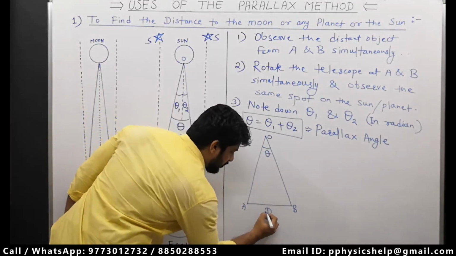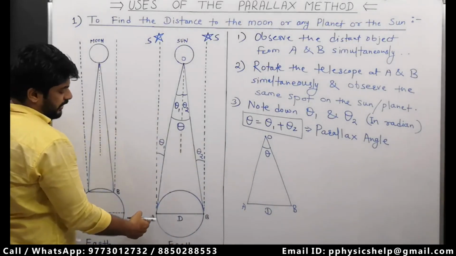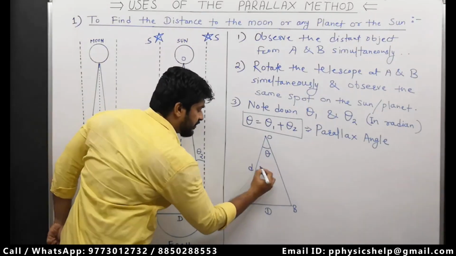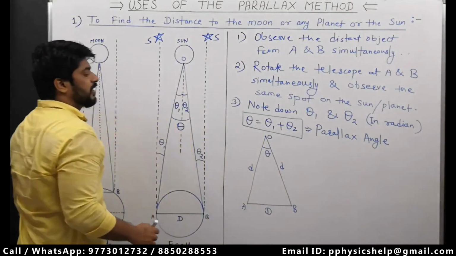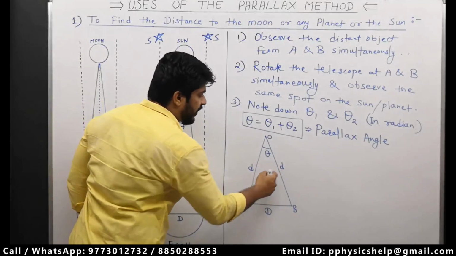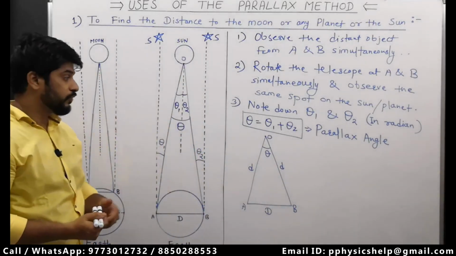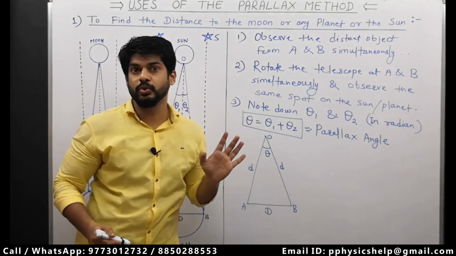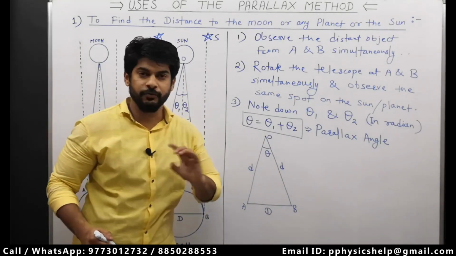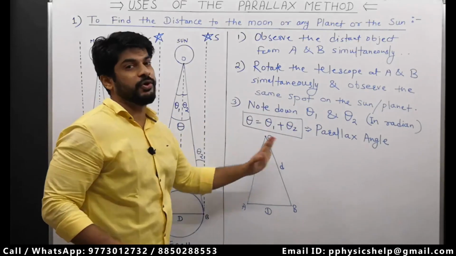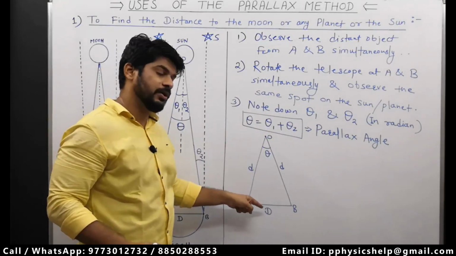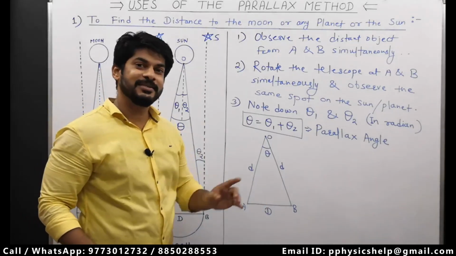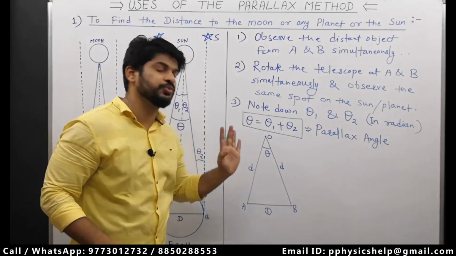It is D. And the distance from the earth to the sun is, let's say, small d. This is what we are finding out, isn't it? This is what we want. In this whole process, this capital D must be known to us, that is the diameter of the earth. If you don't know this, we can't go for it. We have to first find this out by hook or by crook. Again, there is no hook or crook in science, but in some way we have to know this.